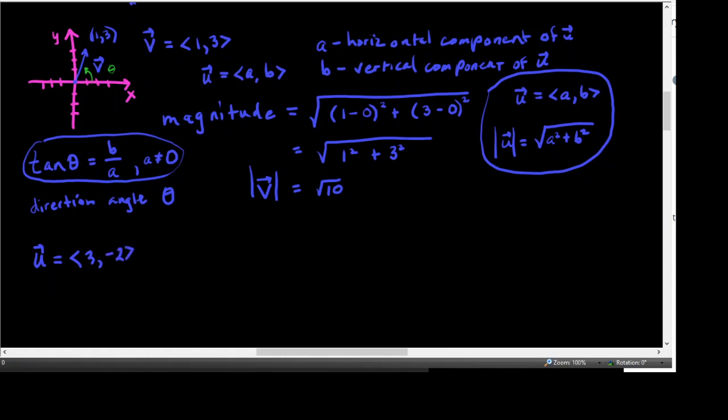And of course, if we wanted to graph it, that would not be a difficult task, because component form just tells you where the terminal point is for the vector, because the initial point will always be at the origin. So we'll go to (3, -2), and then draw the vector like that. So there's vector u.